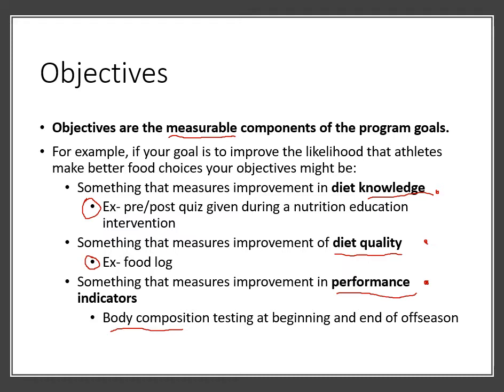The reason it's important to measure at each level is because you sort of lose control and ability as the levels go further. We know that we can certainly have an impact on knowledge, but it's more up to the athlete if they want to make those food choices.